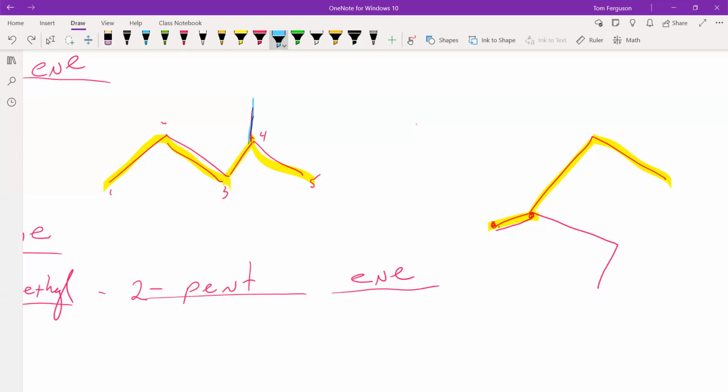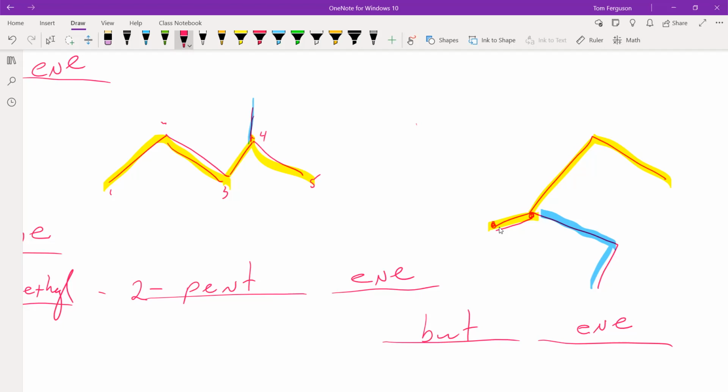That means that's going to be a branch. So how long is our carbon? 1, 2, 3, 4. When it's a double bond, it's going to be an ene. 4 carbons long, that's a butene.